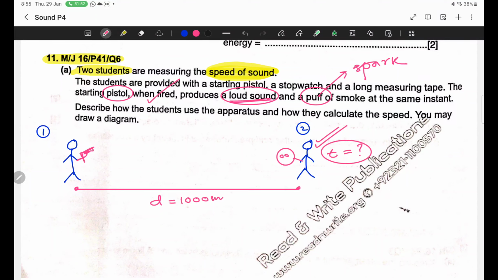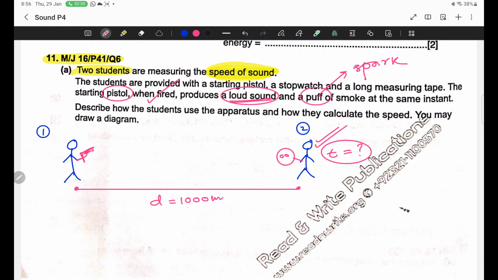You know, these two students are human, so they can make mistakes. So if their positions, or the pistol and stopwatch, are interchanged and the same method is repeated, the reading will obviously be different.